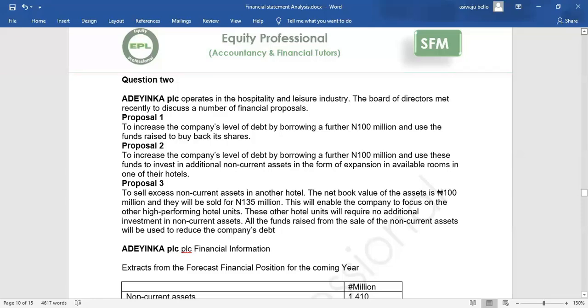Our interest will still increase, our profit will fall, our tax expense will fall. When we get the money, we are not repurchasing shares now. We are going to use the money to invest in additional non-current assets. That means our non-current assets will increase. If you make additional investment, what is the impact of this?